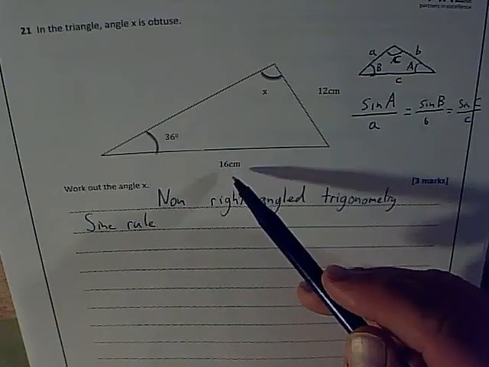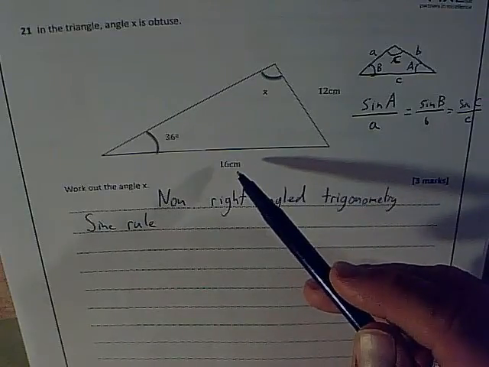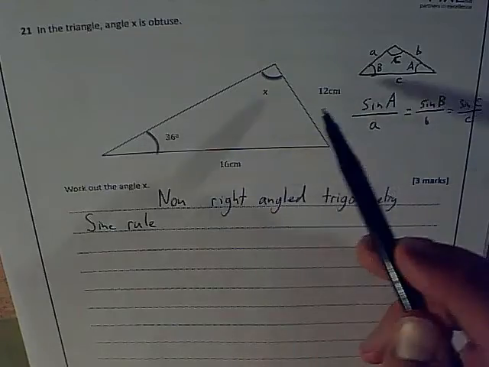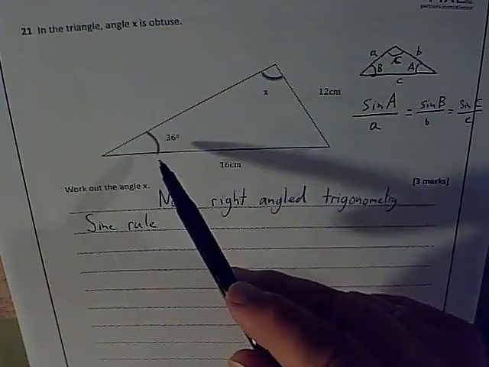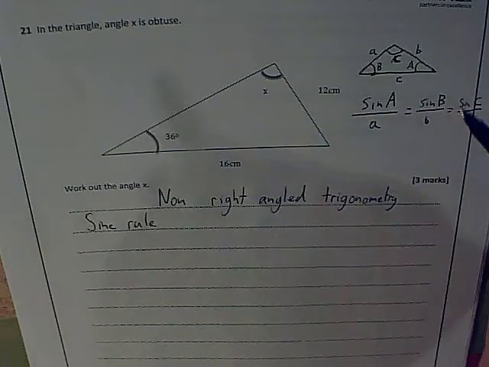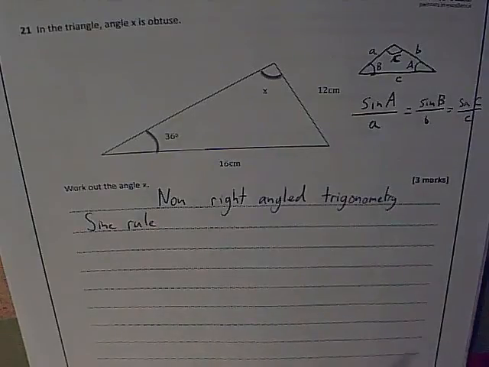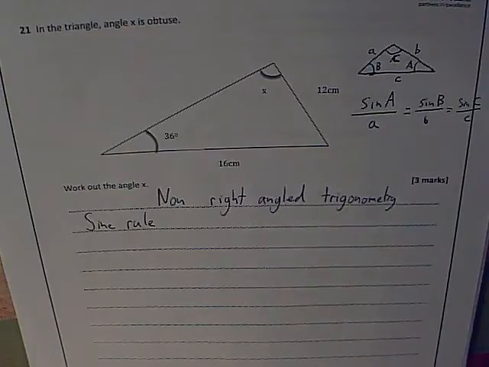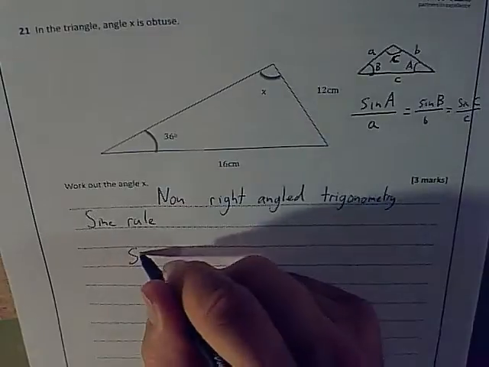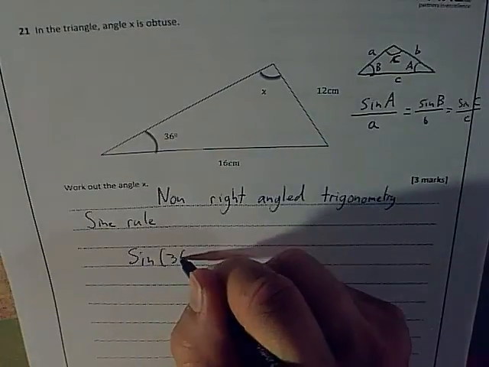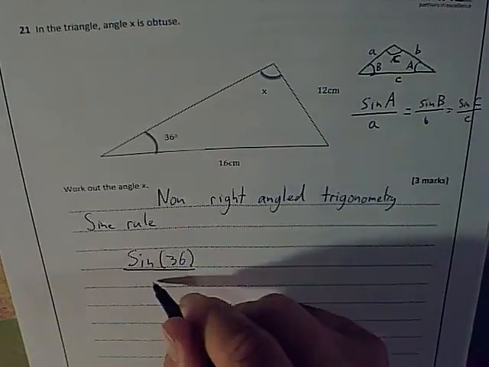This here is 16 here, and I've got this angle here, x, but I've got this opposite pair of a side and an angle, so I can set this whole thing up using my sine rule. So I've got sine of 36, so sine 36 over 12.